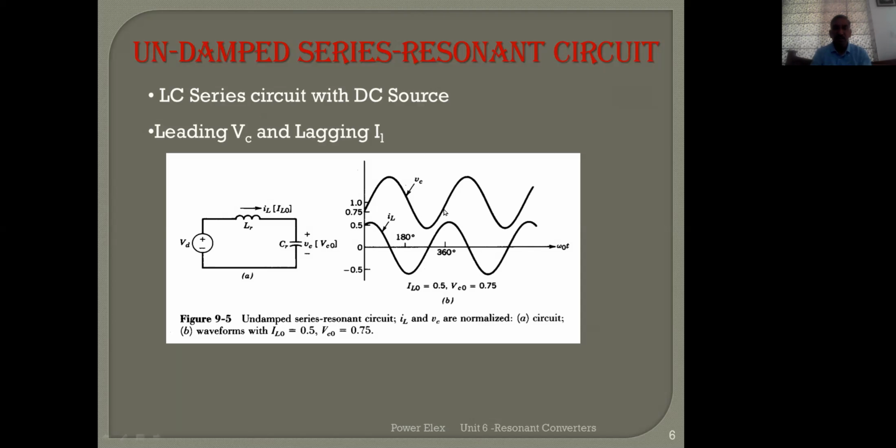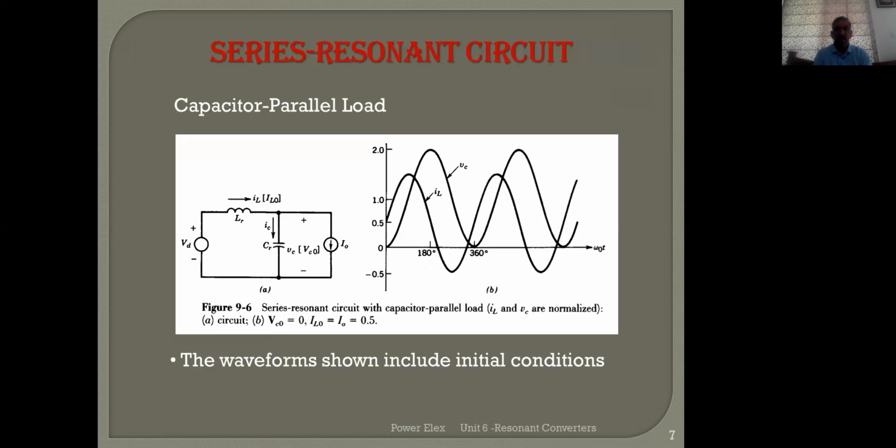So VC is leading. If you take any point of time, this is negative, this is positive, and this has gone negative, meaning this was positive first and led to negative. So VC is leading IL, and this also includes the initial conditions along with the steady state.